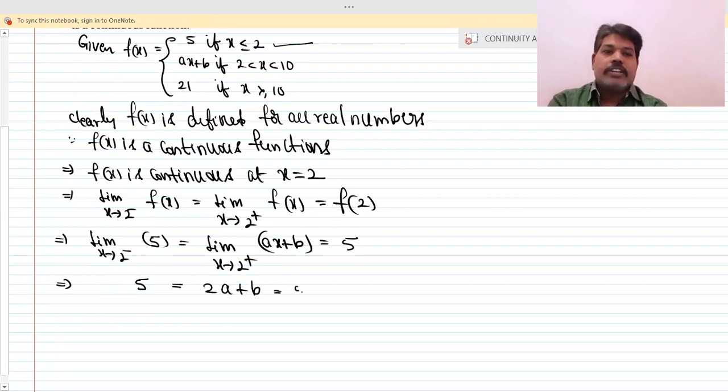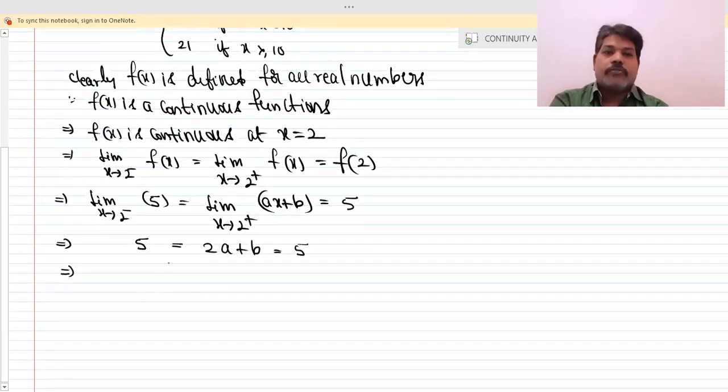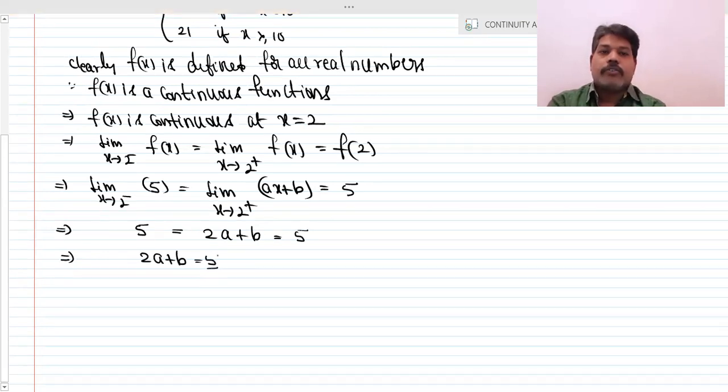So this value is equal to 5. From these three equations, 5 is equal to 2a plus b is equal to 5, automatically you get that 2a plus b is equal to 5. Take this as equation number 1.